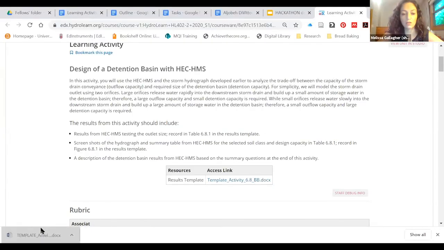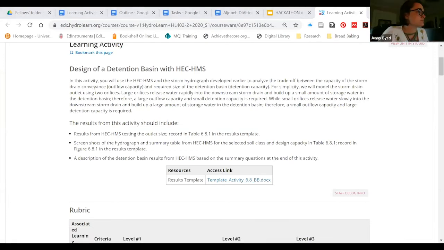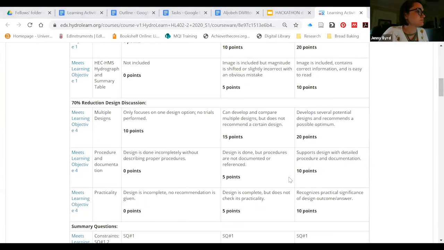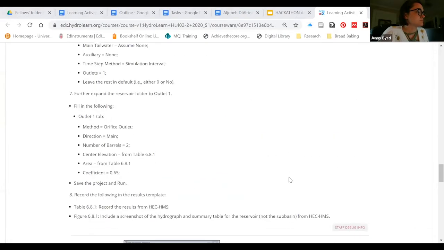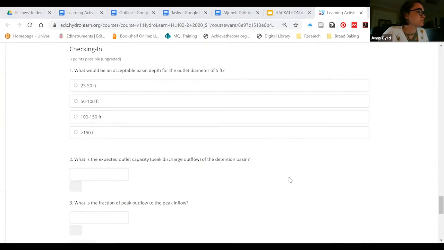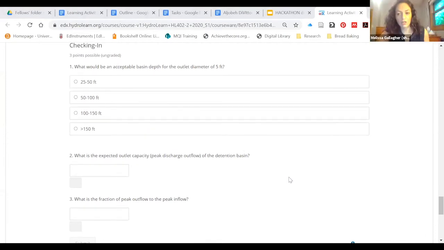I see Erin took a look at the results template. Viviana noticed the checking-in questions, which help make sure students are on the right track.